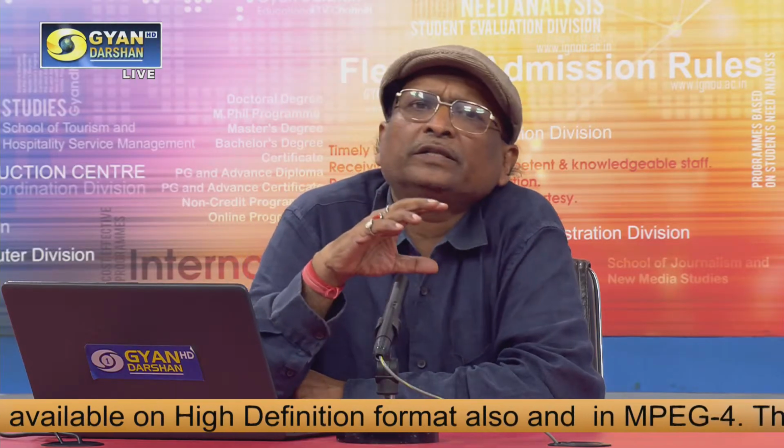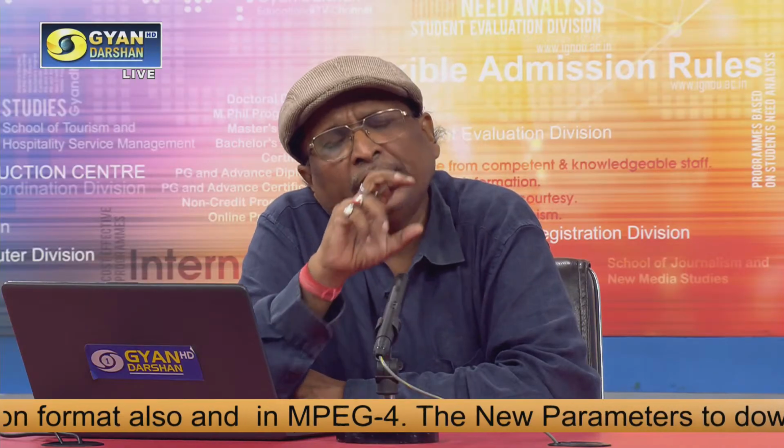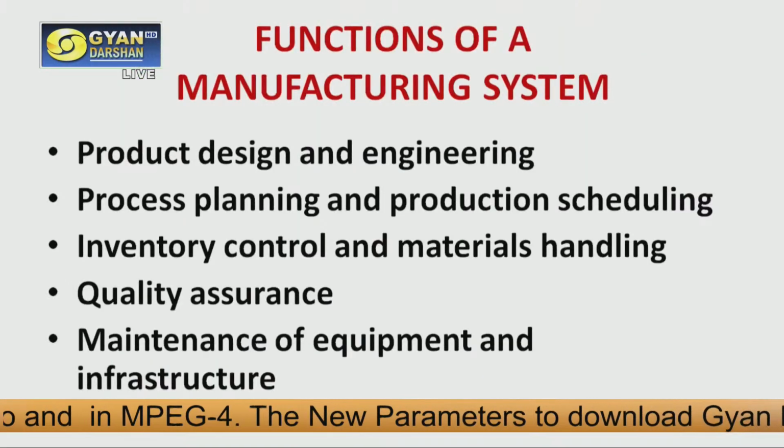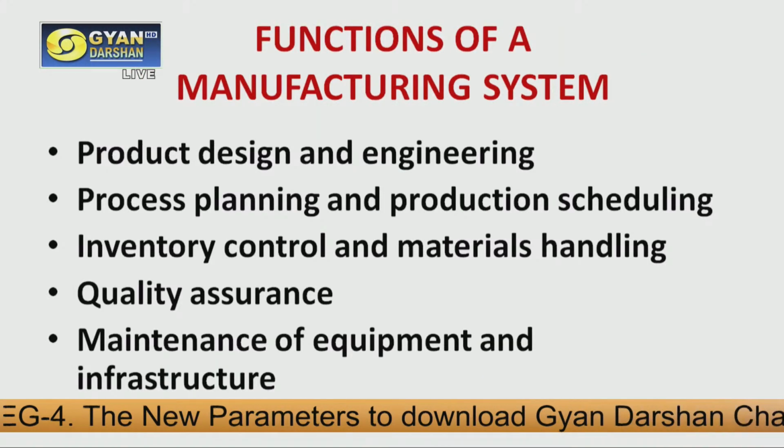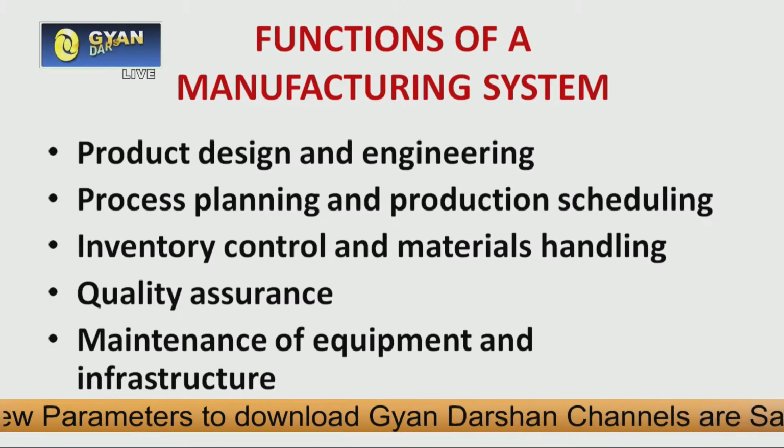All these designs we have to think about, and that comes under the function of a manufacturing system. Then the second important function is process planning and production scheduling.